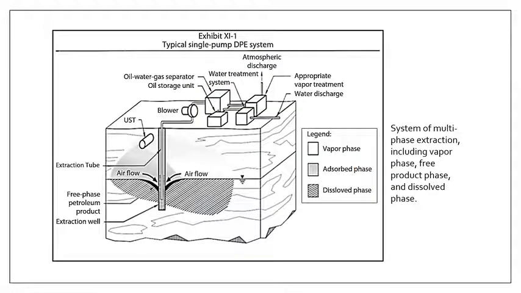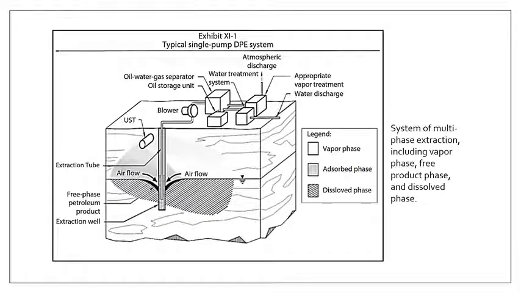All right, this is a diagram of a multi-phase extraction system. As you can see in the block diagram, you have your groundwater table, and you have your dissolved contaminants shaded by diagonal lines.